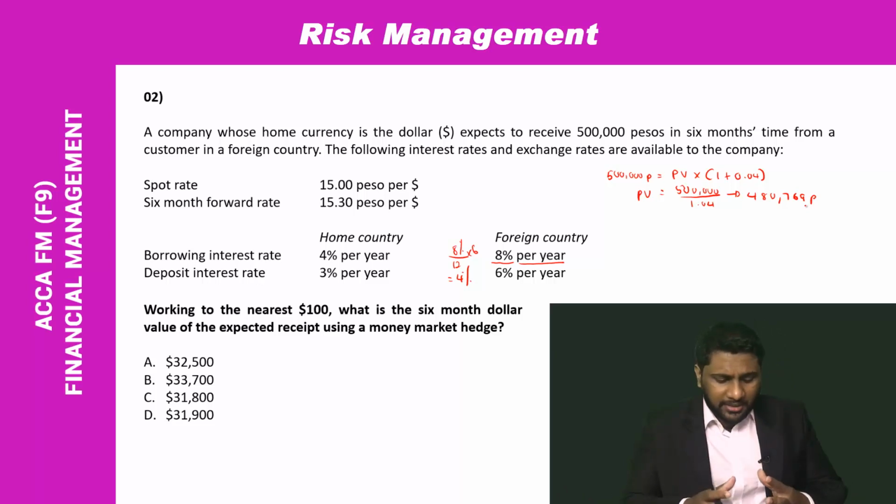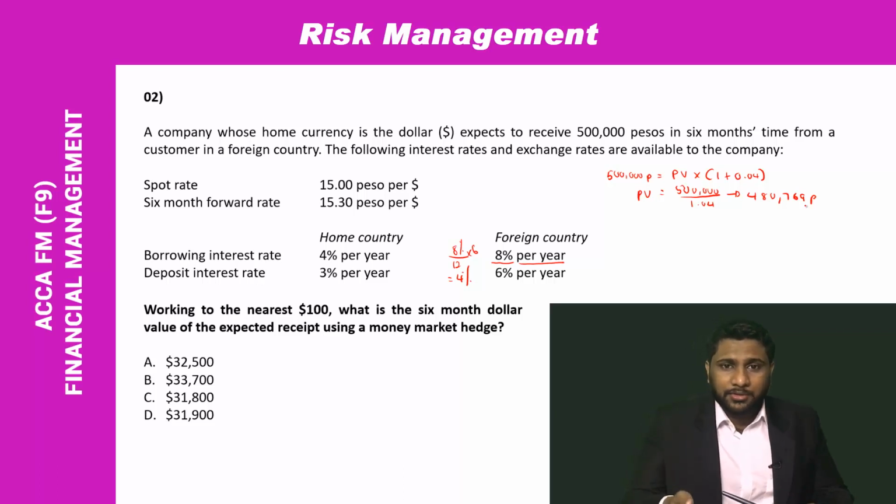Now I have this peso loan with me. So what I will do is give these pesos today and get dollars. That means I am converting these pesos into US dollars using today's rate. This is the place where your risk gets eliminated, because you are doing the conversion using today's rate, whereas you would get exposed to risk if you did the transaction in another 6 months' time.